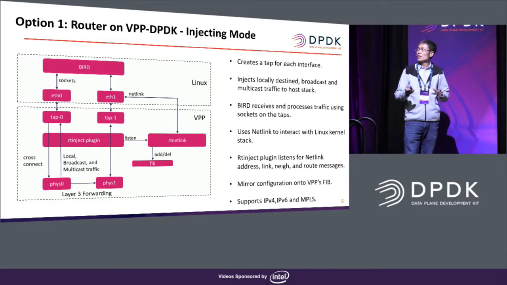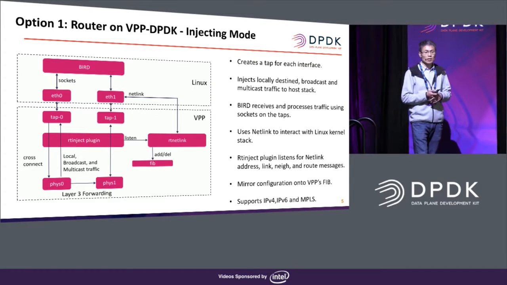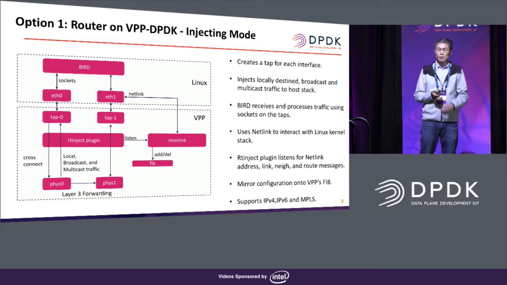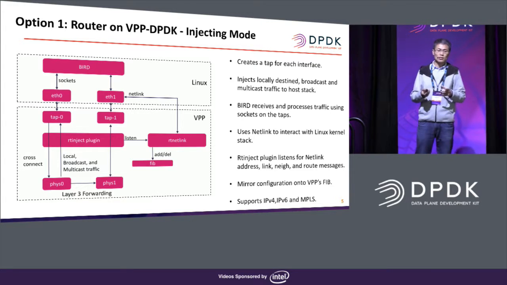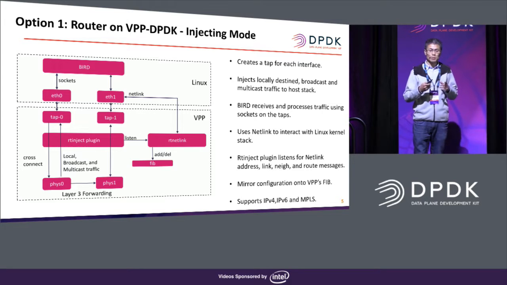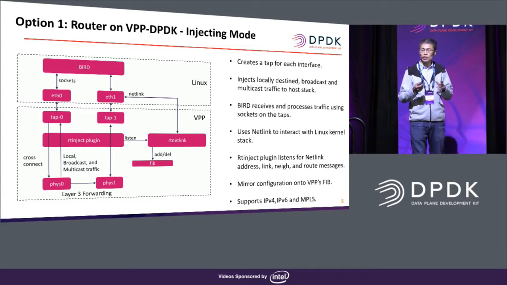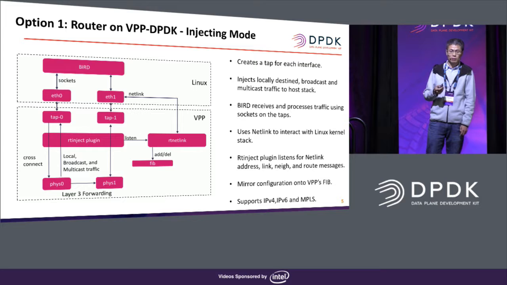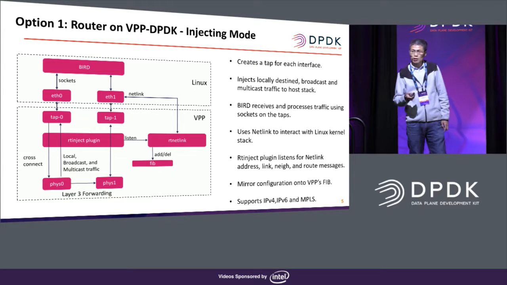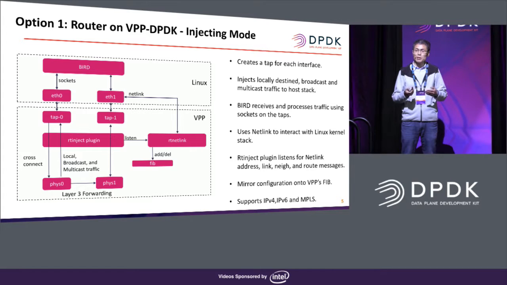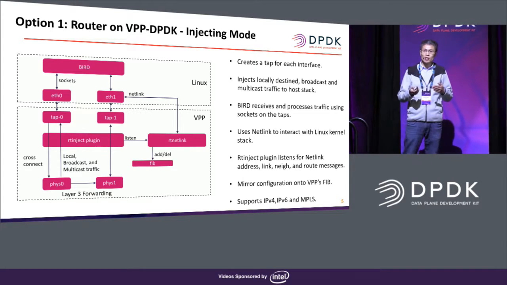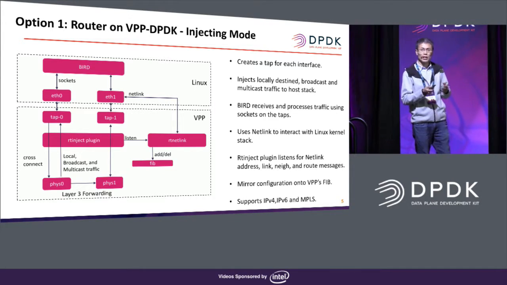Okay, we will explain the 3 components in detail. The first one is the router, which is VPP. There are 2 ways to integrate the routing daemon and VPP. One is to integrate the routing daemon, such as BIRD or FRR, with VPP directly, but there are some code changes needed for the routing daemon.